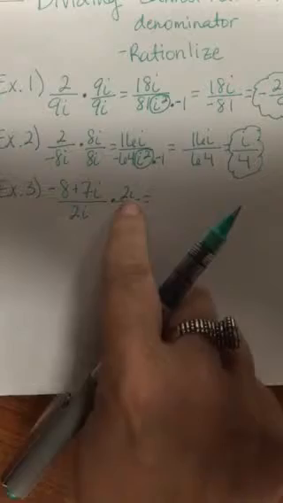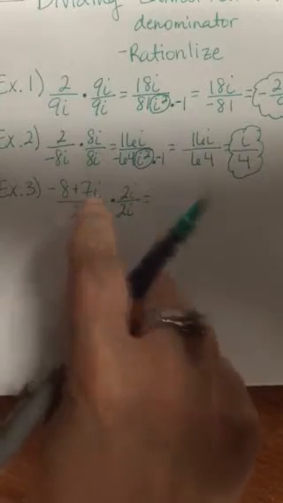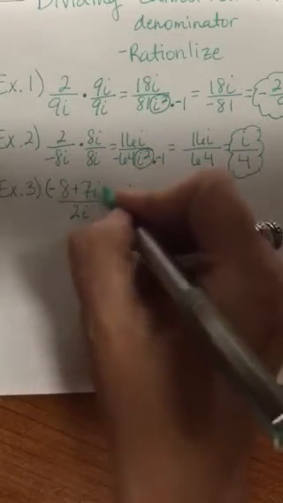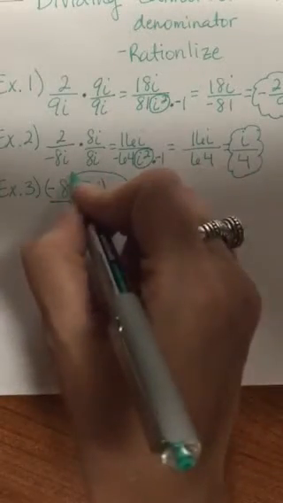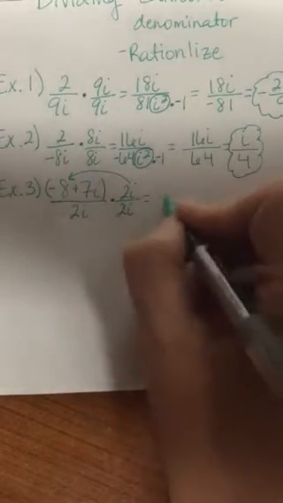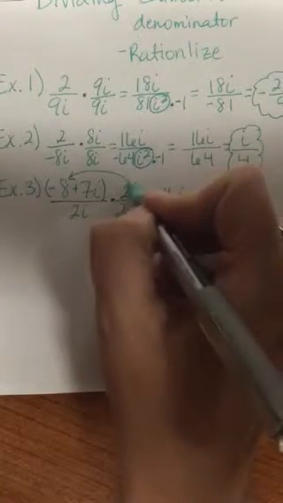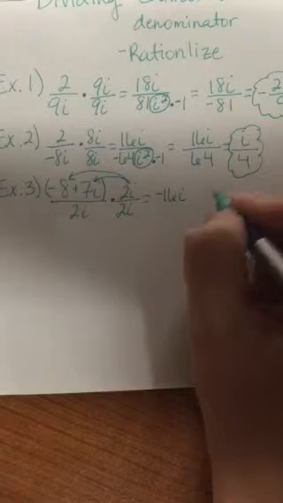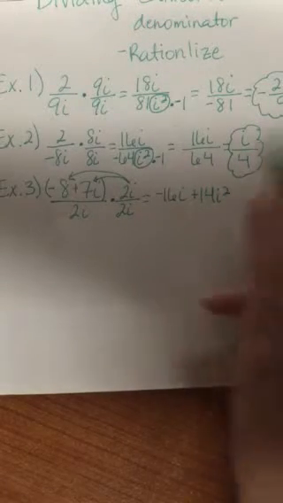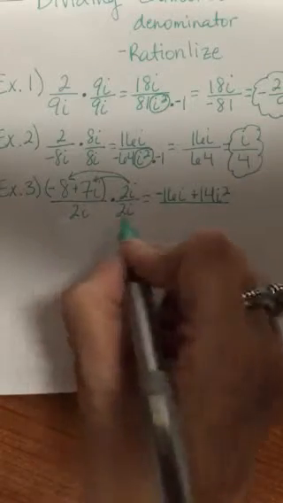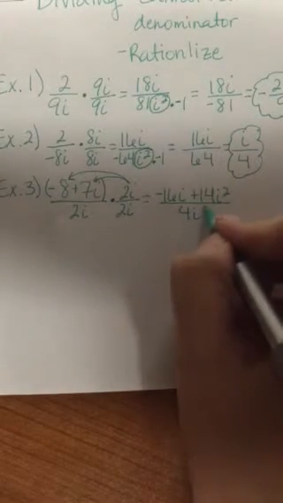When you multiply by the 2i to the complex number here, it has to be distributed, right? So we distribute it to the -8 first. 2i times -8 is -16i, and then 2i times 7i is +14i squared, all over 4i squared.